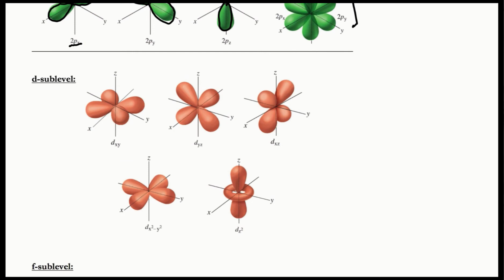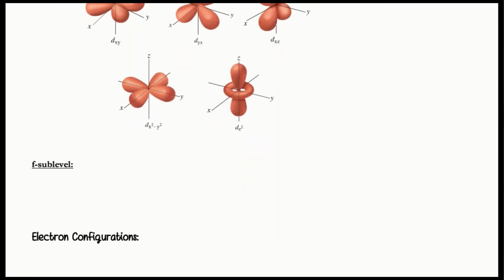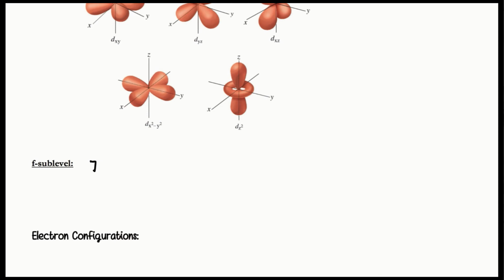Notice they're very unique looking shapes, but they're 5 different orbitals. So the d sublevel has 5 orbitals. And then we even get to f, but we're not going to draw it because it's just too crazy. But there are 7 different configurations for the f sublevel.